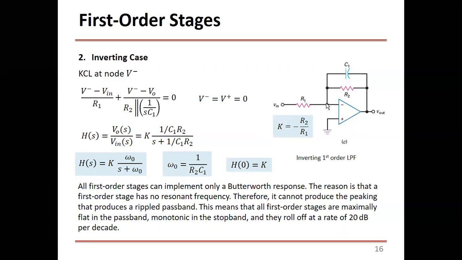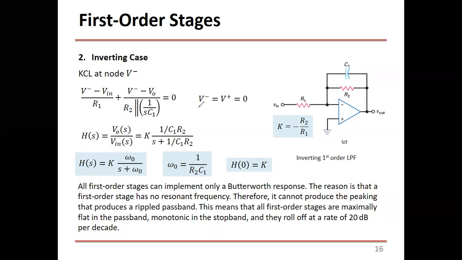So the first one here is V minus Vn over R1, and this one V minus minus V out over R2, and also V minus V out over C1, or you can say V minus V out over R2 parallel to ZC1, okay, which is 1 over SC1, and this equals 0.